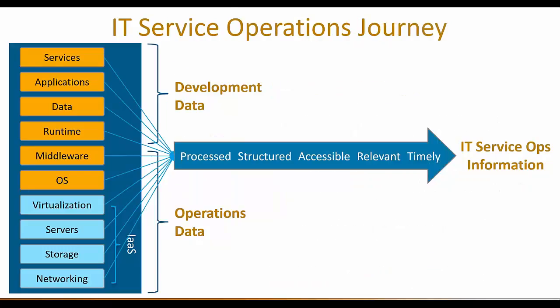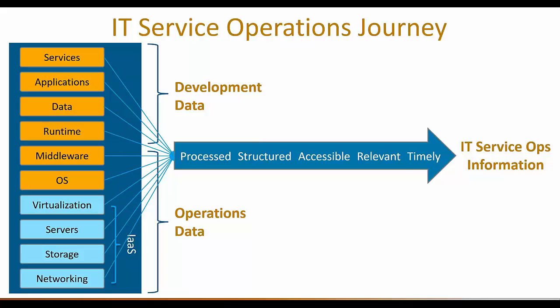From there, we look at IT service operations as a journey. When we talk about a journey, we talk about 2 main things. One is your application stack. This is what we consider to be all the major components, or objects, for an IT application, whether you define applications at the service or the application level on the top.